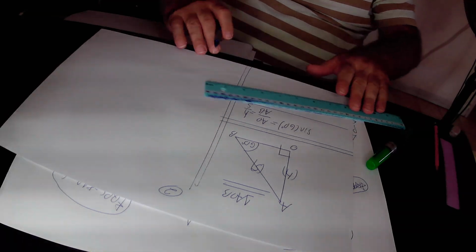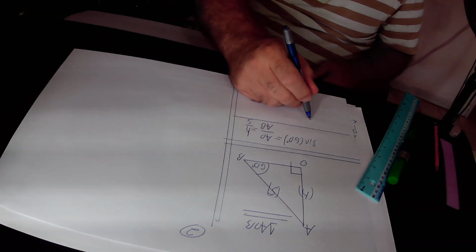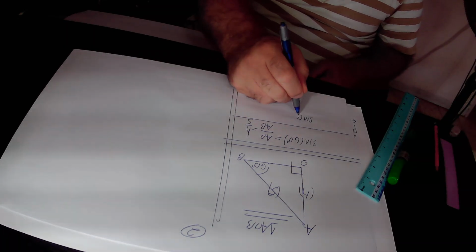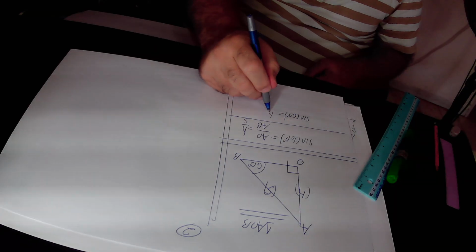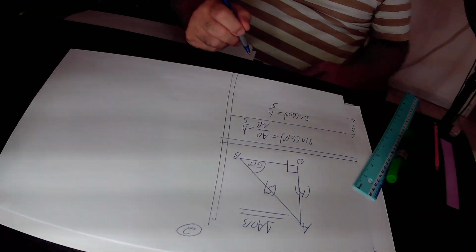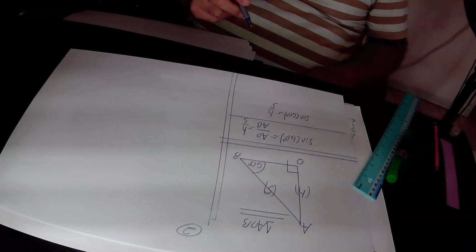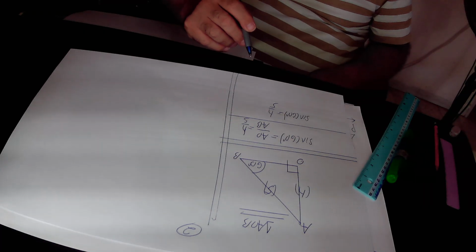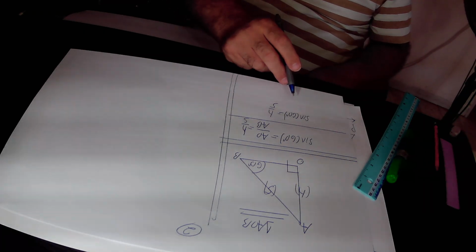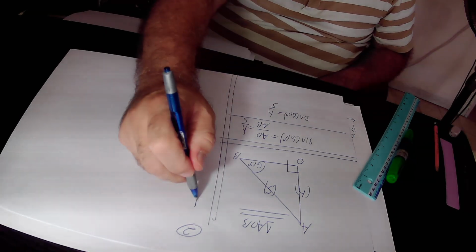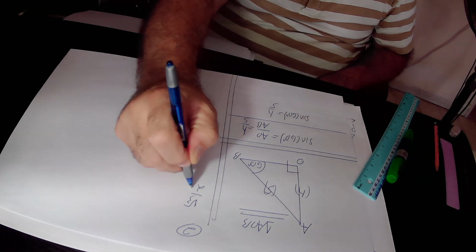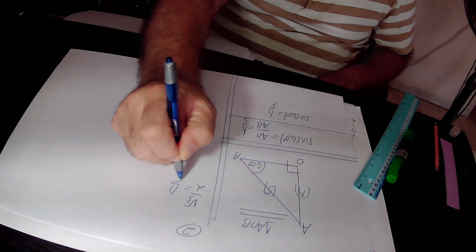So in total we actually found out that sine of 60 degrees equals H over 5. Sine of 60 degrees equals the square root of 3 over 2. So the square root of 3 over 2 is equal to H over 5.